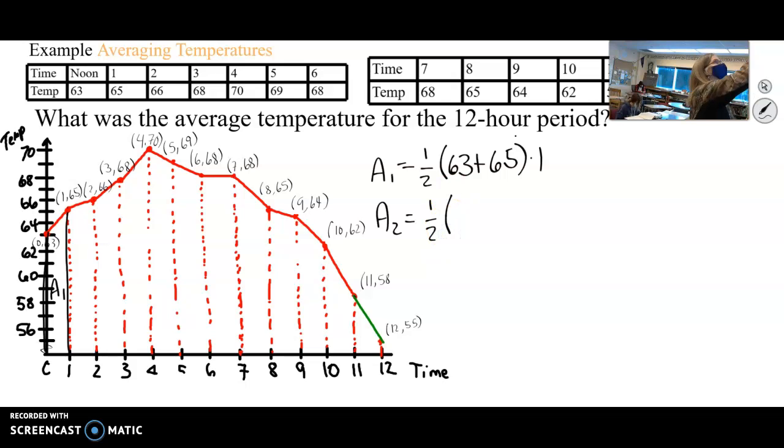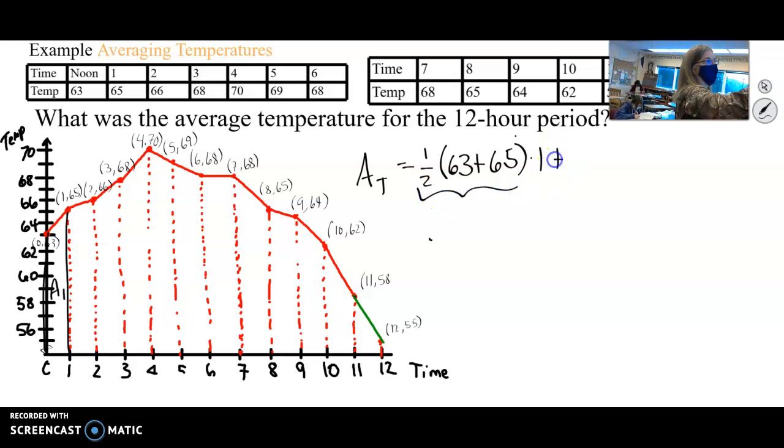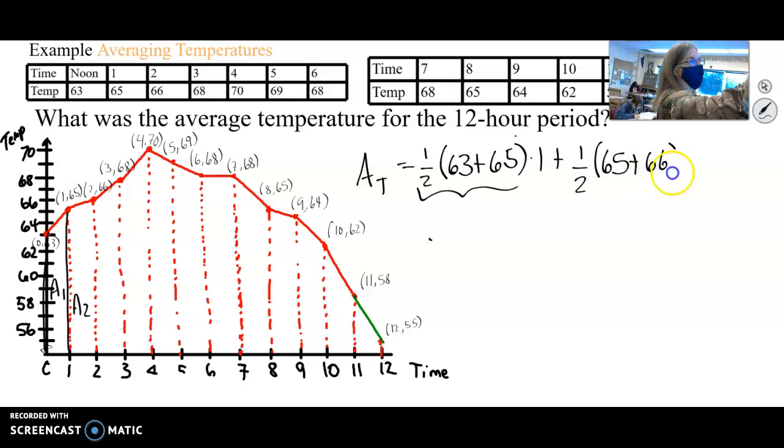The second trapezoid is going to look somewhat similar. Let me write it out like this. I'm going to write the total area, AT for total. This is A1. Then the second area, A2, I'm going to have 1/2, and add the bases again: 65 plus the next base, 66, times 1.